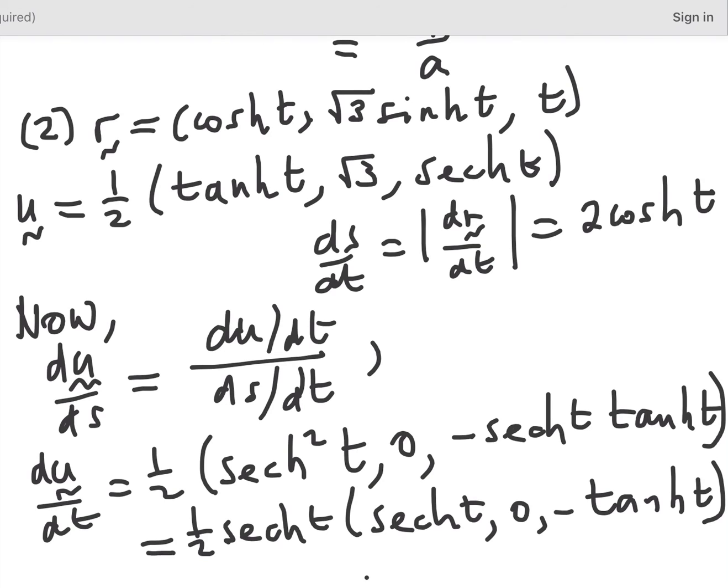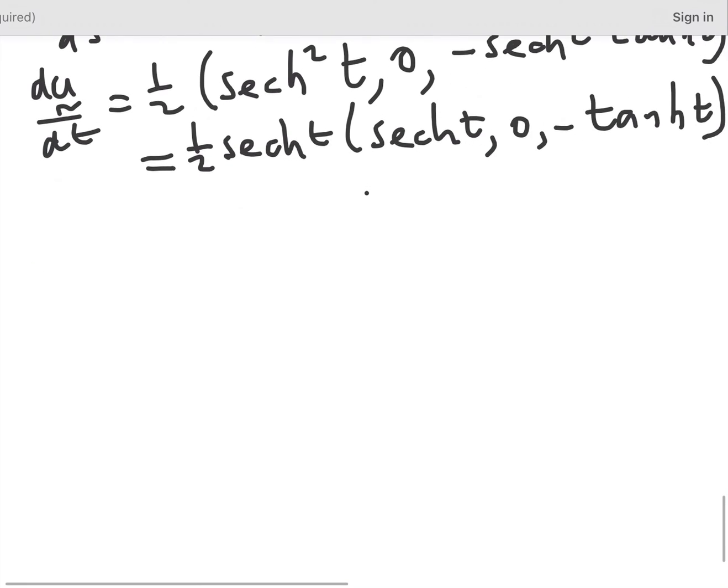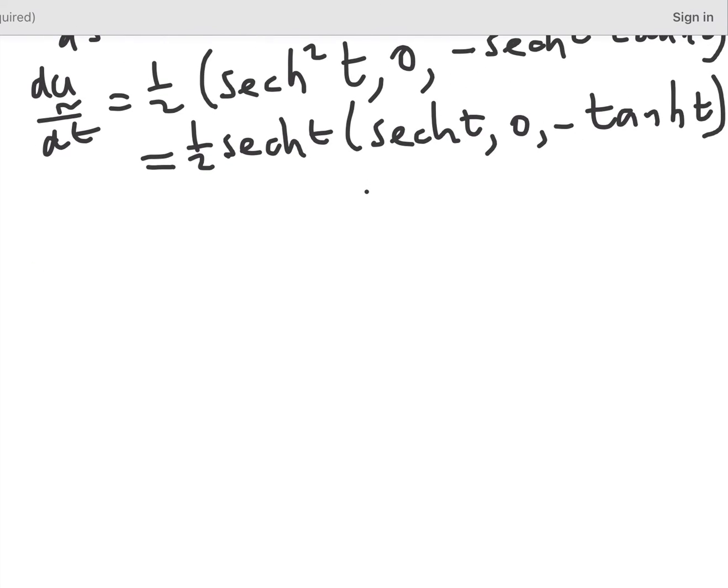Take this and divide it by ds dt, and we have du ds. So let's do that. Therefore, du ds will be equal to du dt. Let's rewrite du dt.